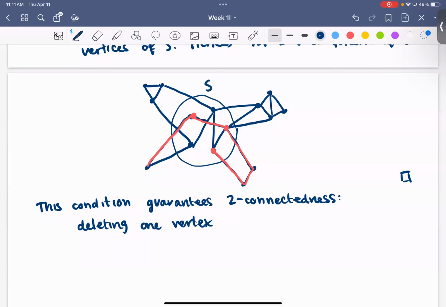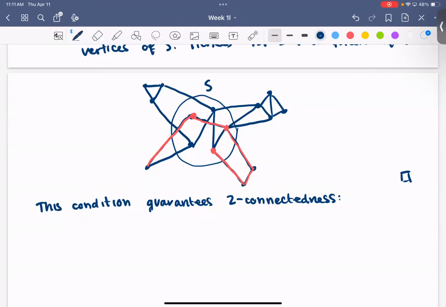So this is like size of S is 1. Yeah, exactly.